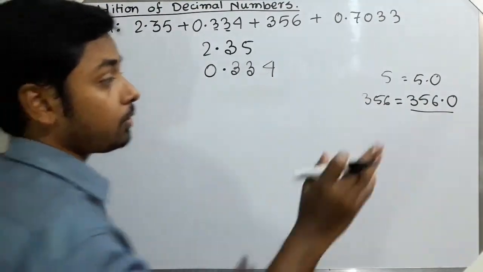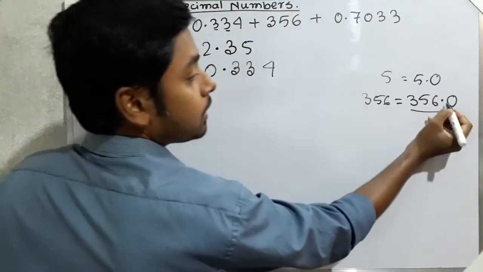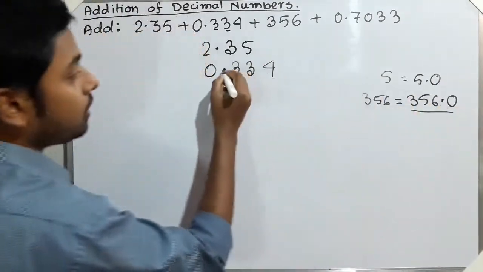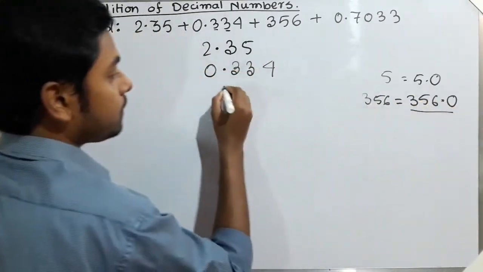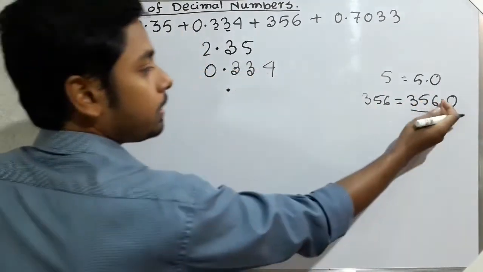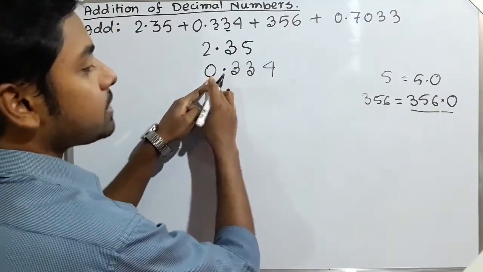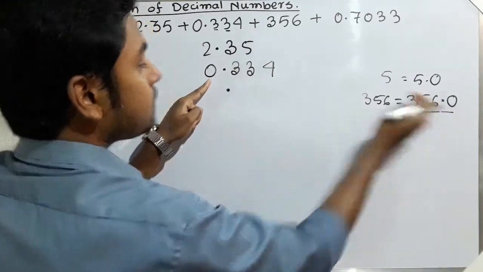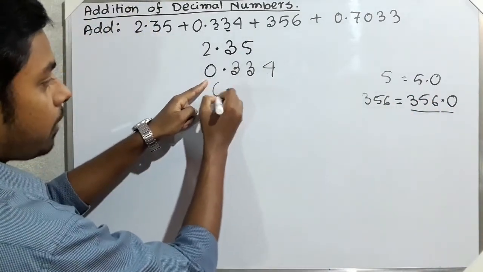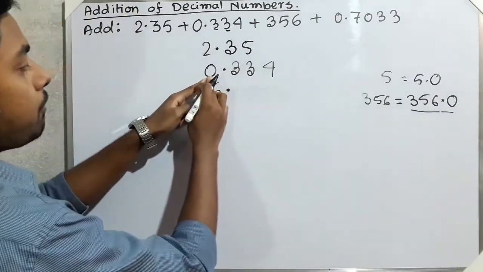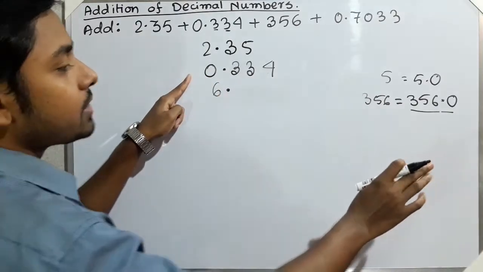Let's see how we write it. First of all, the point: below this point you have to write the point. Then just before the point here is 0, and below 0 you have to write 6. Before 0 there is no digit, so no problem.